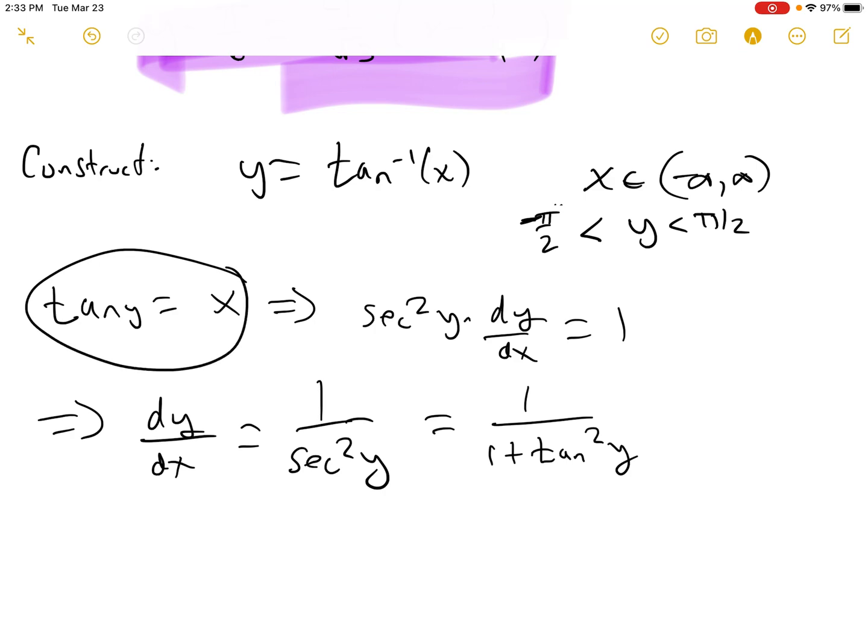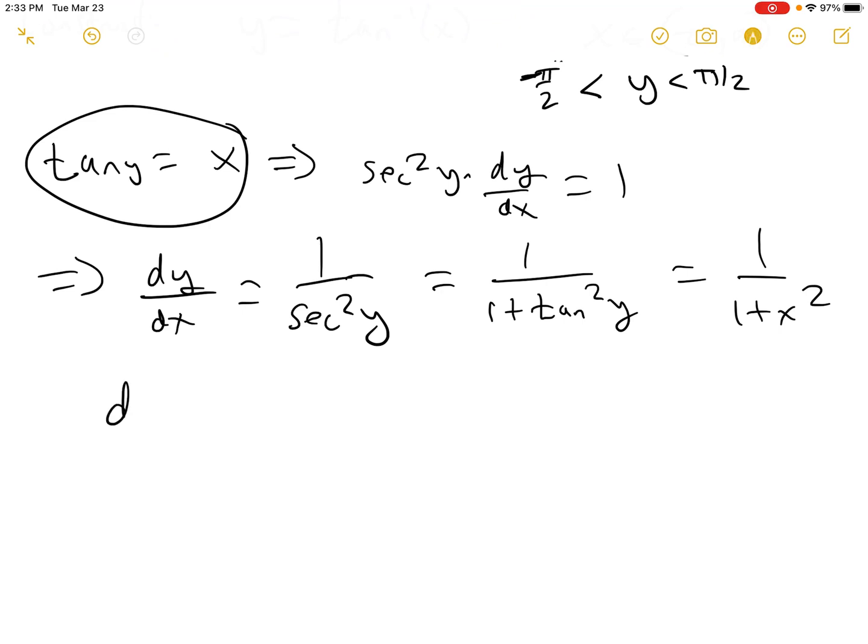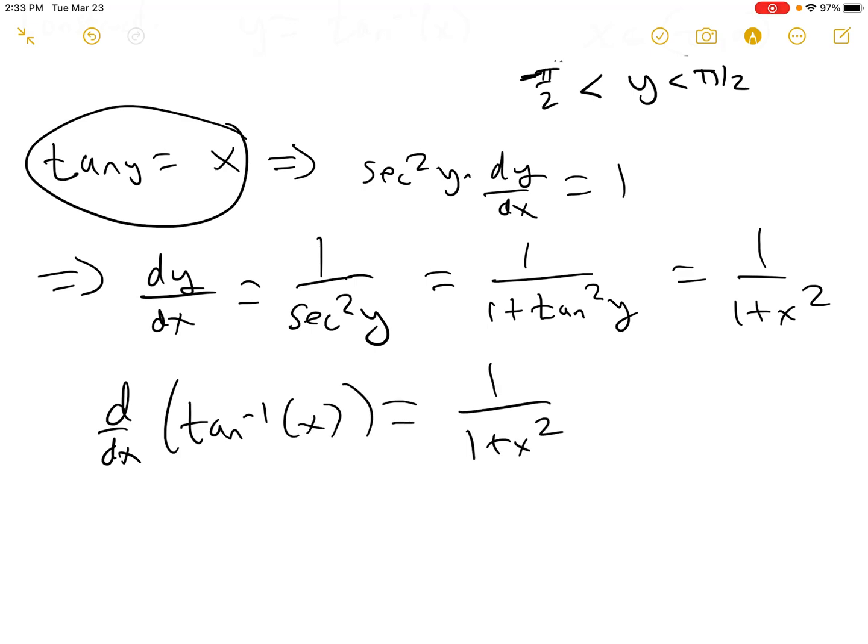And just like before, the tan of y is x, so you get 1 over 1 plus x squared. So the end result is the derivative of tan inverse of x is 1 over 1 plus x squared.